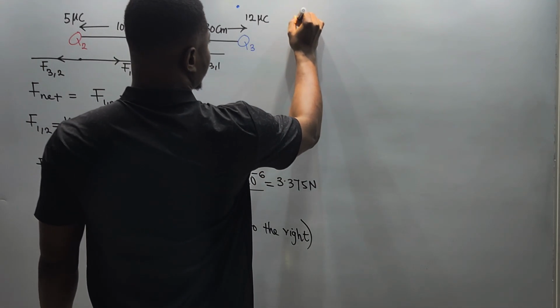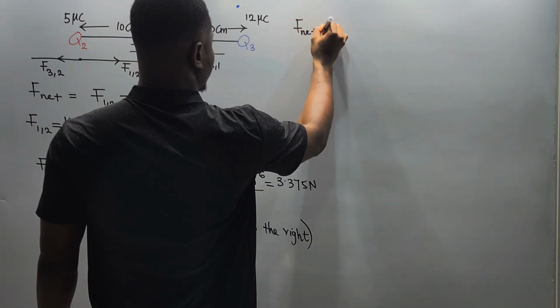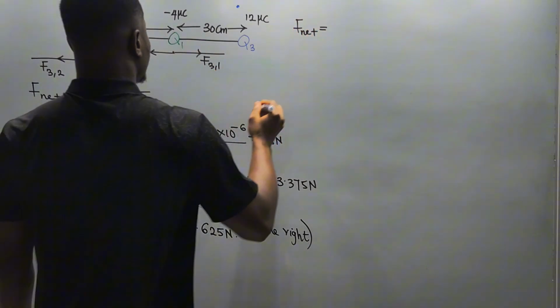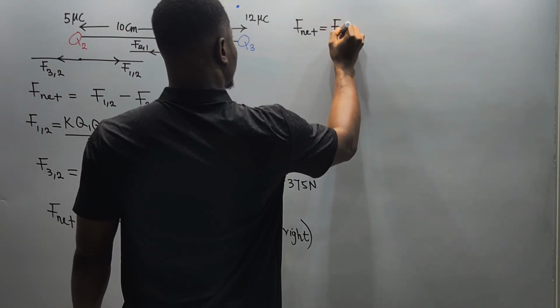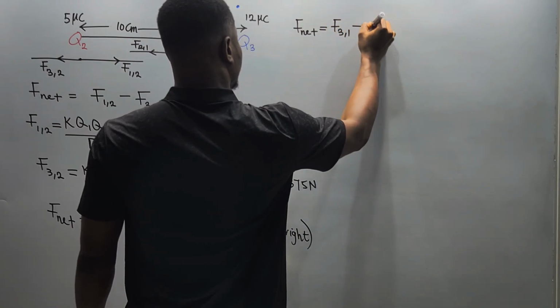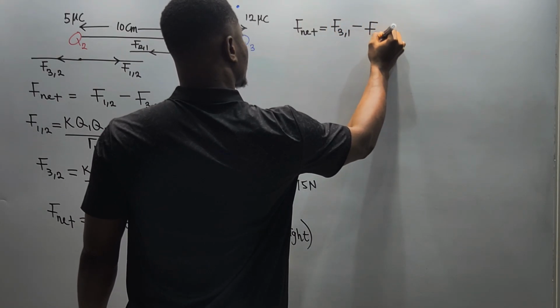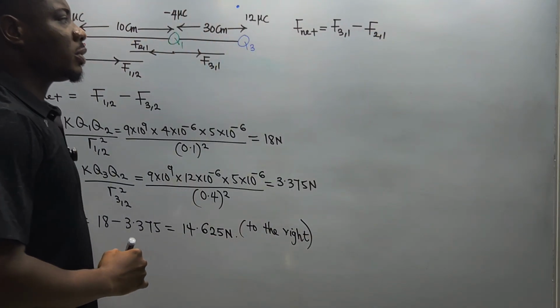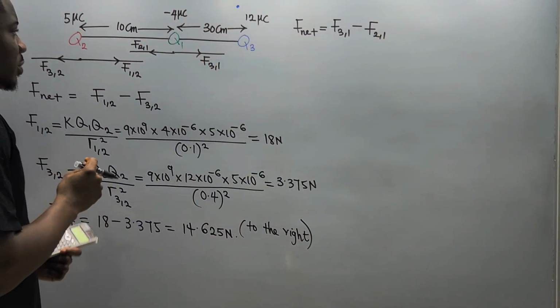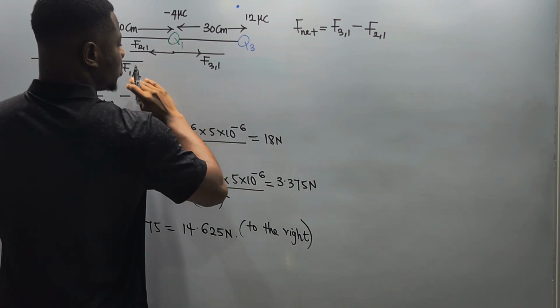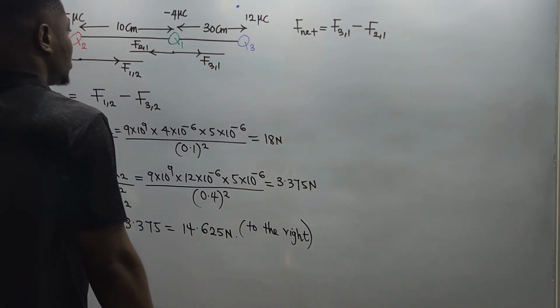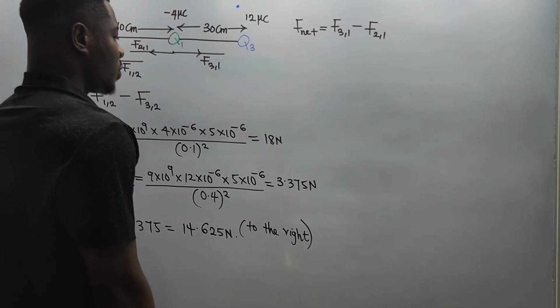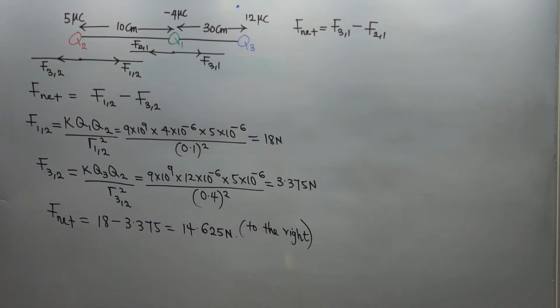It means that the net force experienced by Q1 is going to be F3 on 1 subtract F2 on 1, because if you observe very well, F3 on 1 is moving to the right and F2 on 1 is moving to the left.